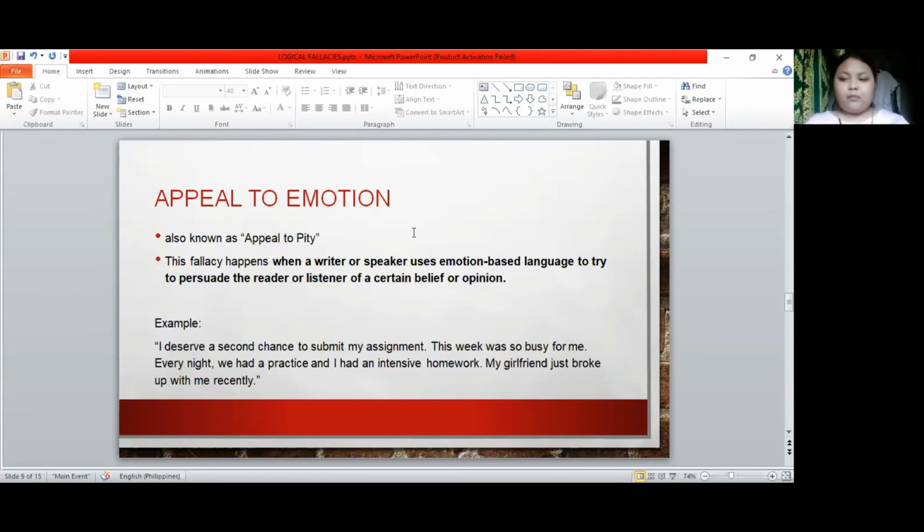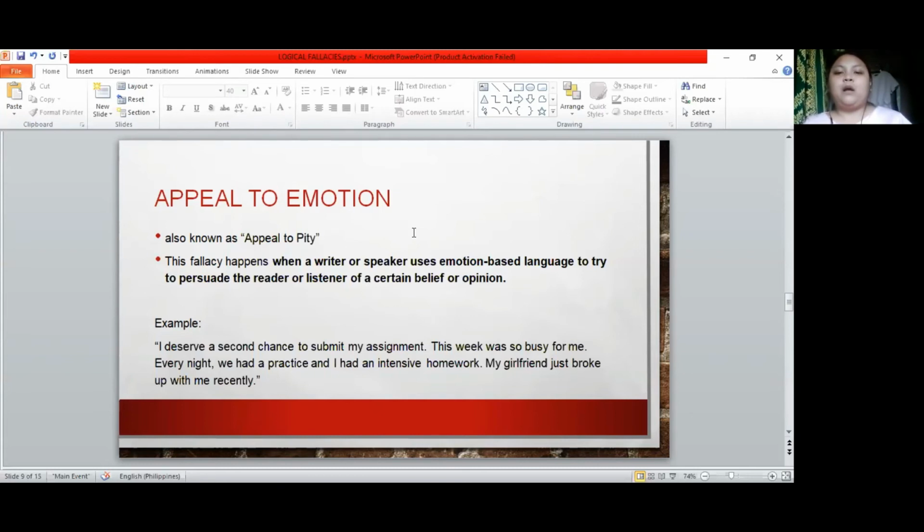So the person who is speaking is obviously a student who is trying to please his or her teacher, right? In this situation, he or she is trying to ask permission from the teacher to submit the assignment. He just stated that he was so busy because of his schedule.